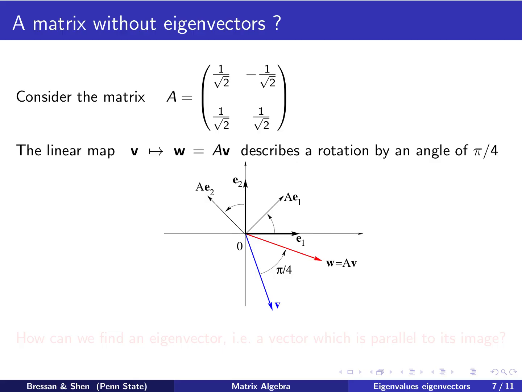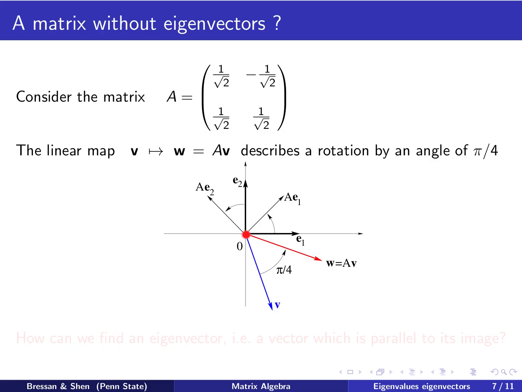So you might be wondering at this point, can a matrix have no eigenvectors? Let's consider this matrix A here, which we have encountered earlier. This matrix A takes this form, and the linear map V maps to W equals AV, which describes a rotation by an angle of pi over 4.